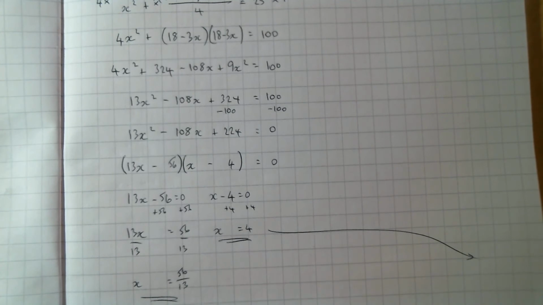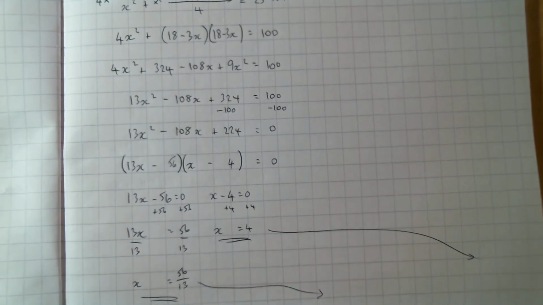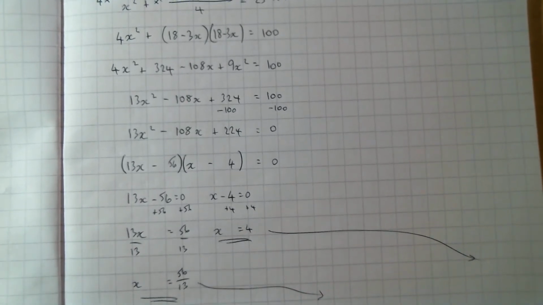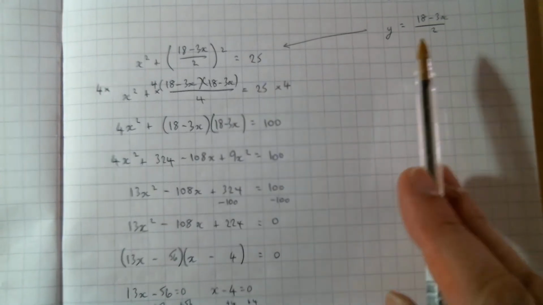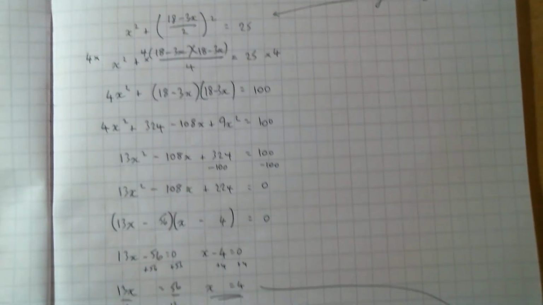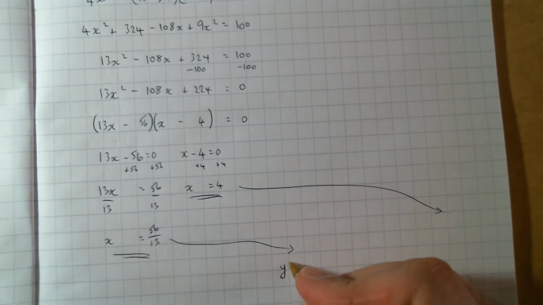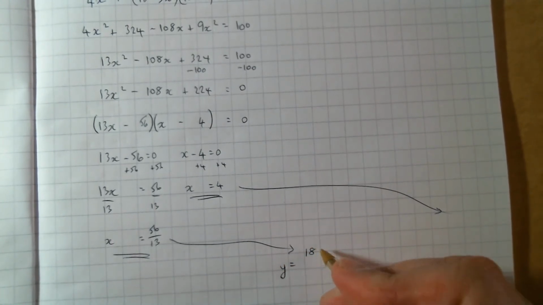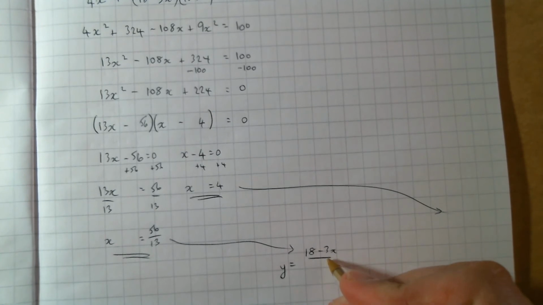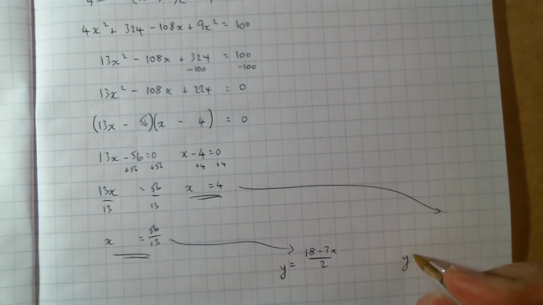So, resubstitute those values back in to y equals 18 minus 3x over 2.